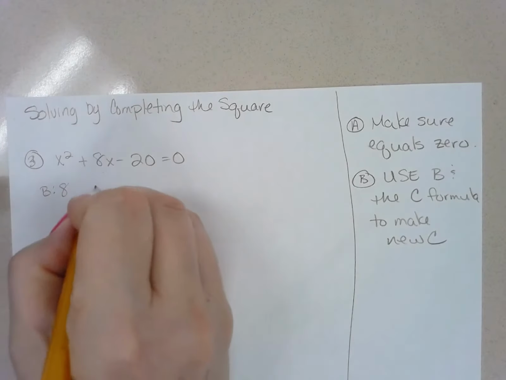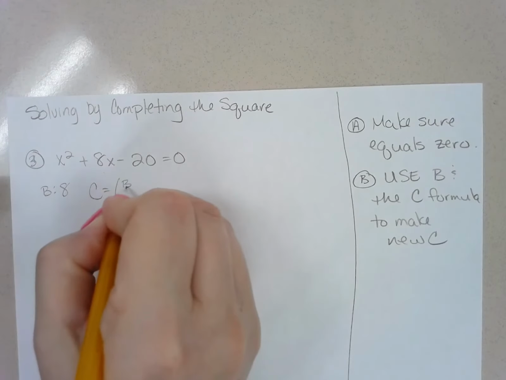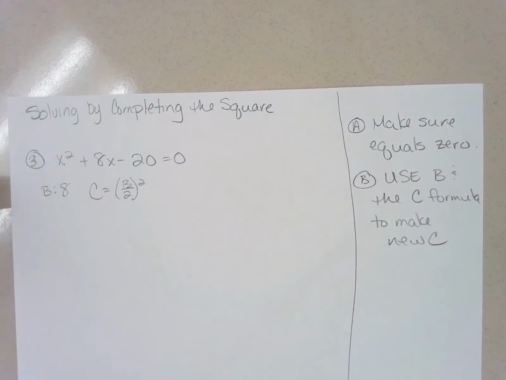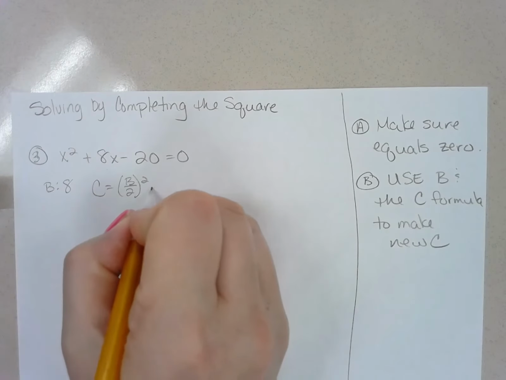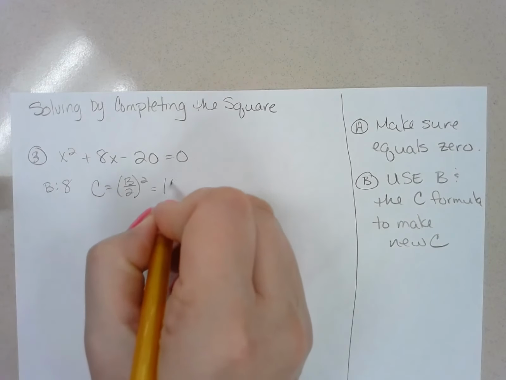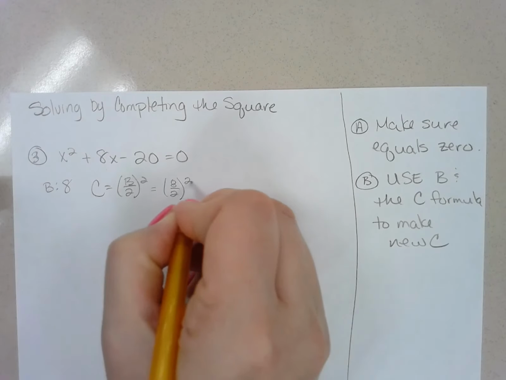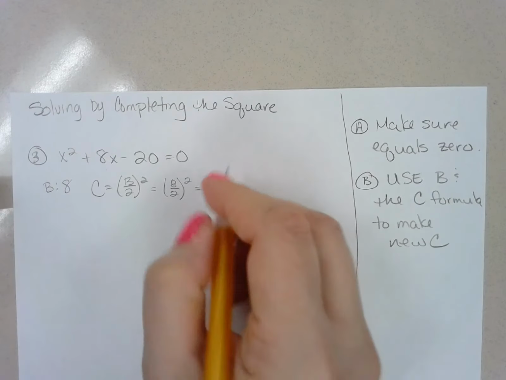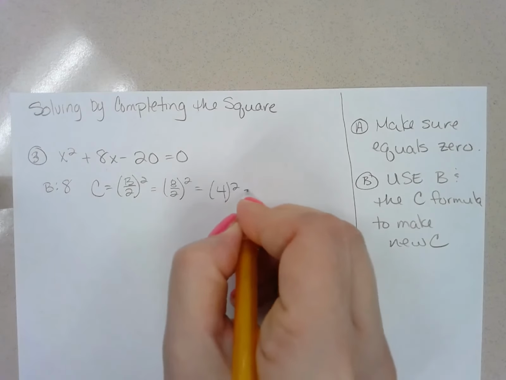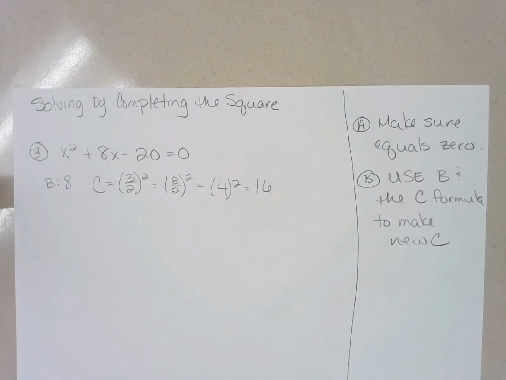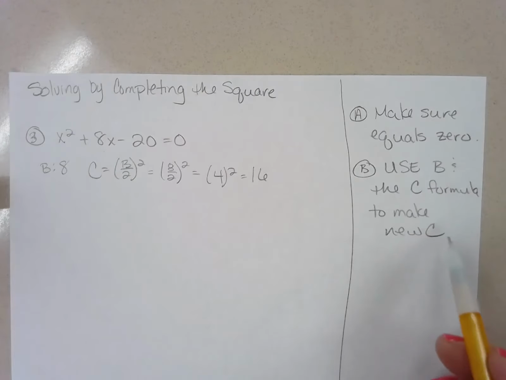Our c formula said b divided by 2, squared, to make a perfect square c. So we plug in the 8: 8 divided by 2 is 4, and 4 squared is 16. So we've used b to make the new c.